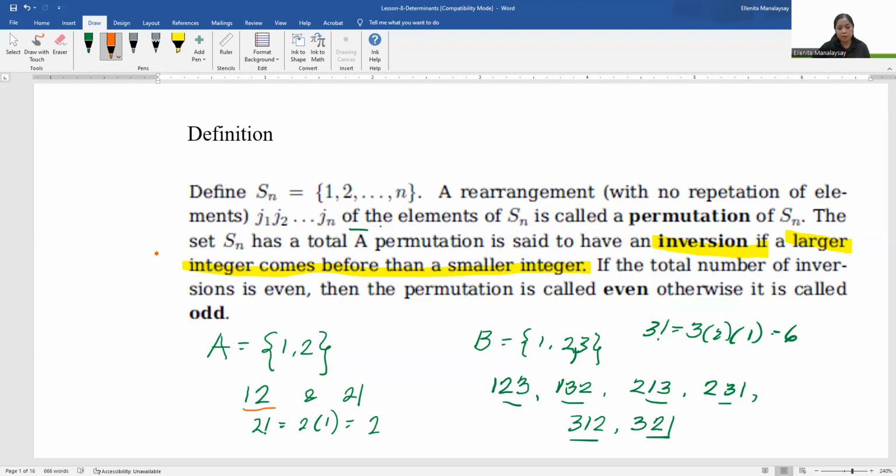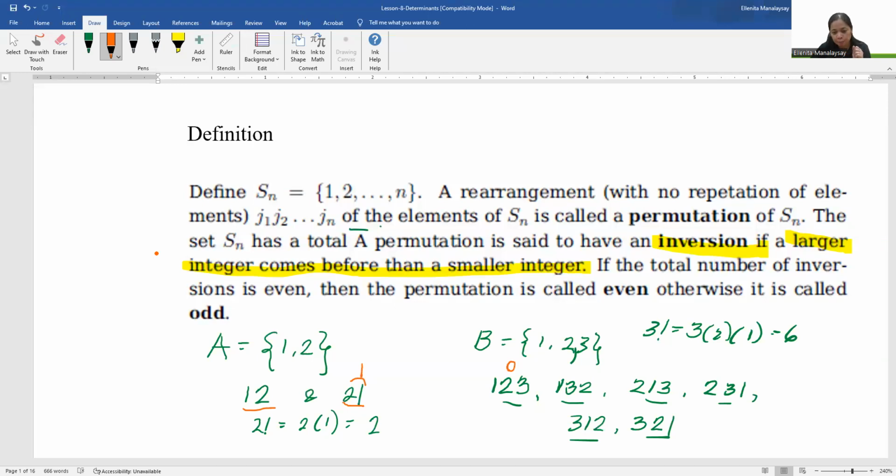So there is zero inversion here, while in 2, 1, there is one inversion. Now how about 1, 2, 3? So 1, 2, 3 has zero inversion, since there is no instance where a larger number comes before a smaller number.